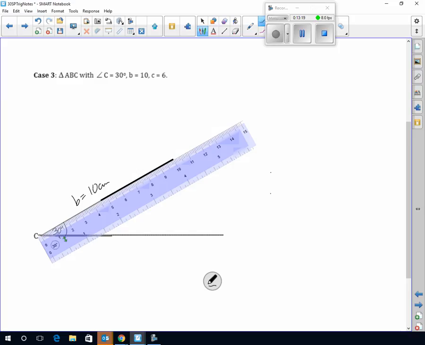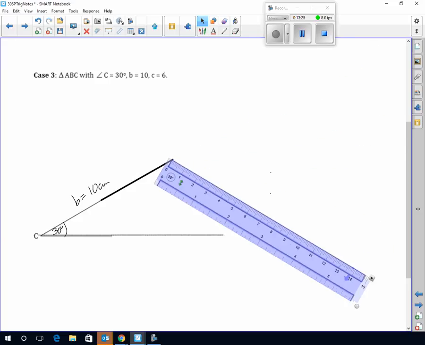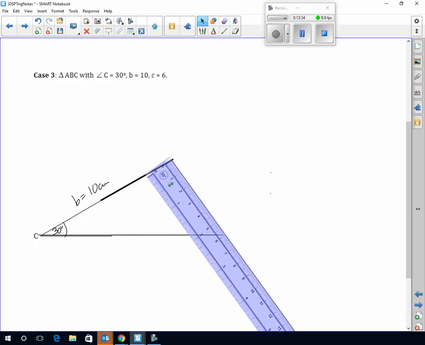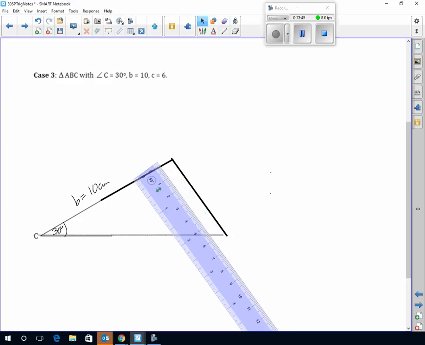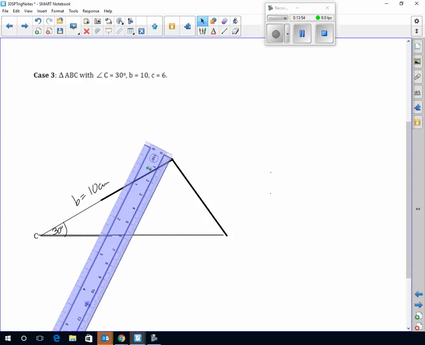And then from here, I'm going to measure 6 centimeters. So when I swing 6 centimeters, I didn't actually make my line long enough, but that's okay. Does everybody see I can make a 6 centimeter long triangle by going like that? And like that woman in the video, she swung it even more, and she made it like that.